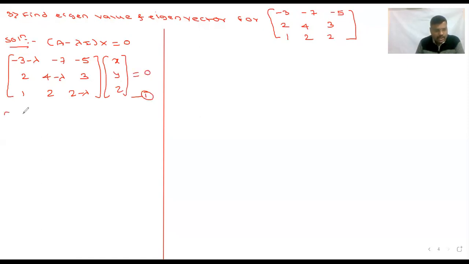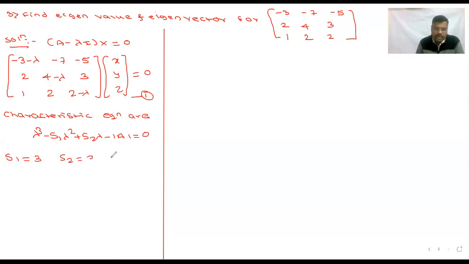So the characteristic equation is lambda cube minus s1 lambda square plus s2 lambda minus determinant of A equal to 0. From that we calculate s1 as 3, s2 as 3, and determinant of A as 1. So lambda cube minus 3 lambda square plus 3 lambda minus 1 equal to 0.